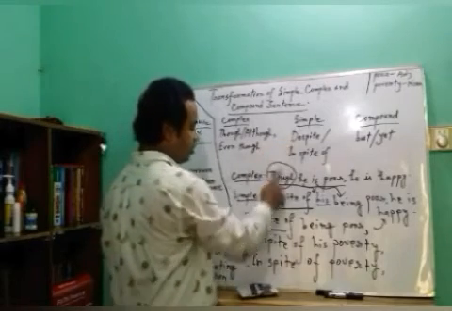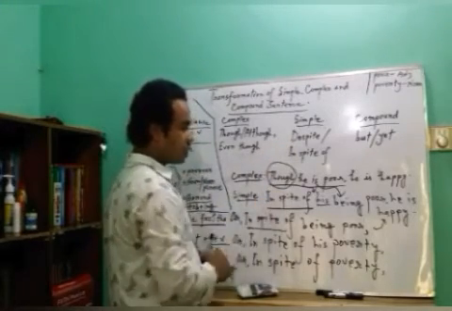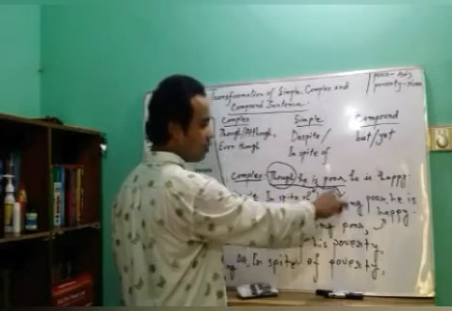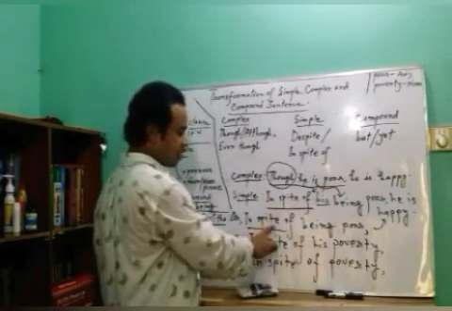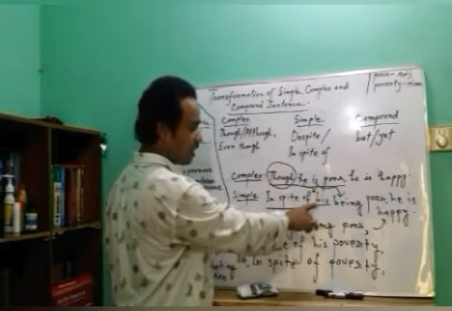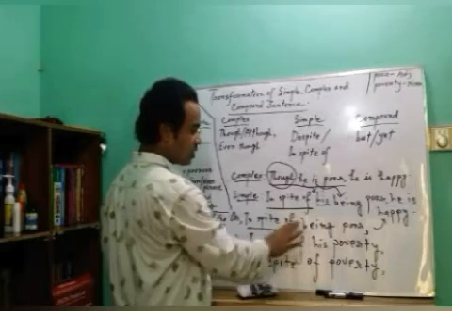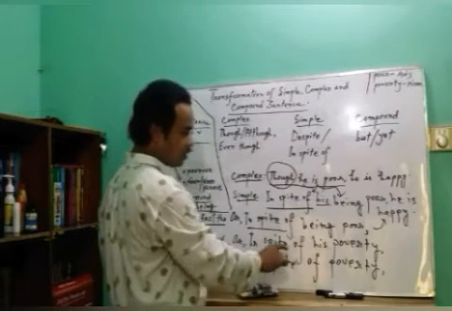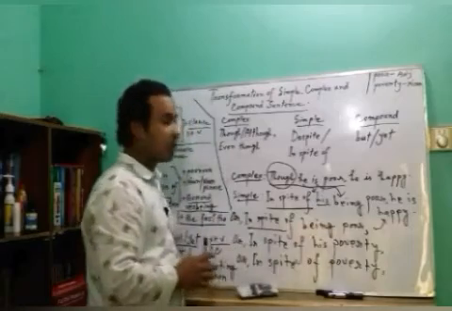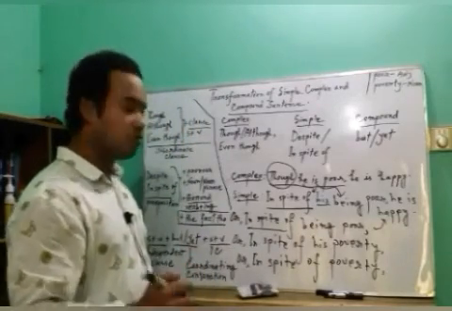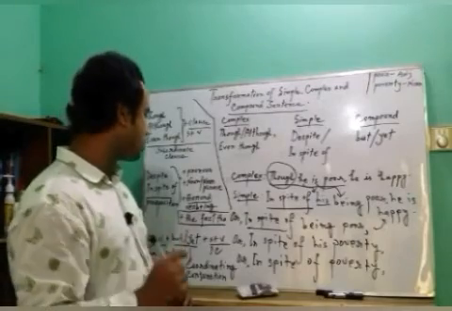But when you use despite in place of in spite of, then it would be despite his being poor, he is happy. Or despite being poor, he is happy. Here his has been left out. Despite his poverty, despite poverty. Okay. Now I think it has been clear and you can understand.